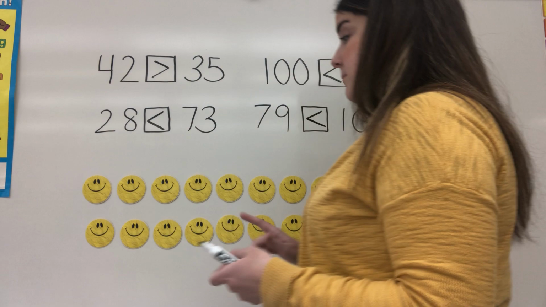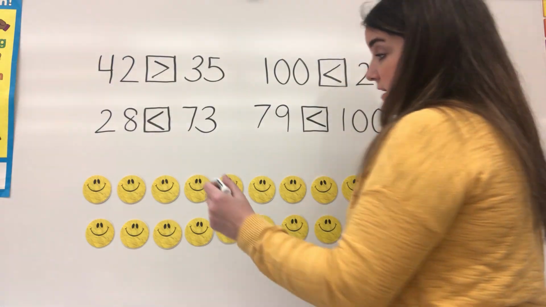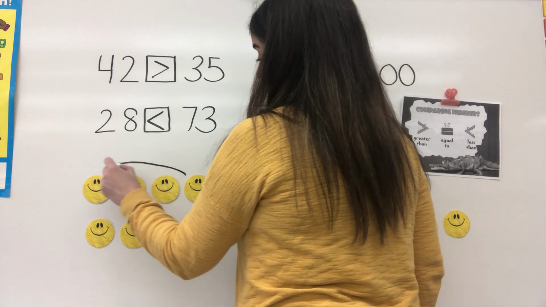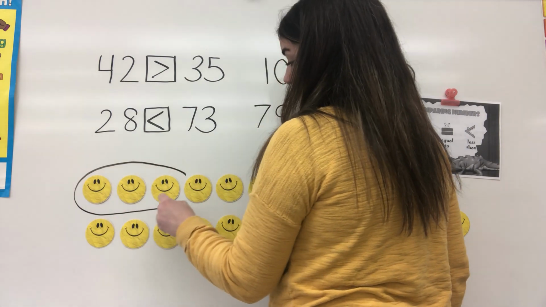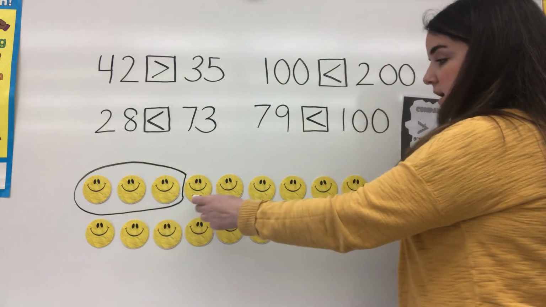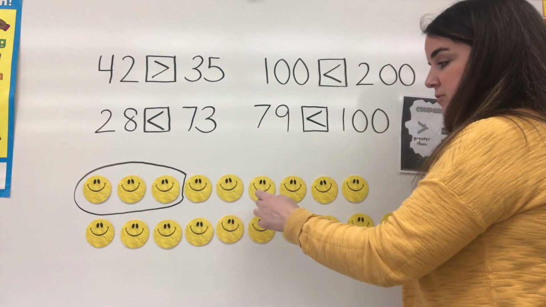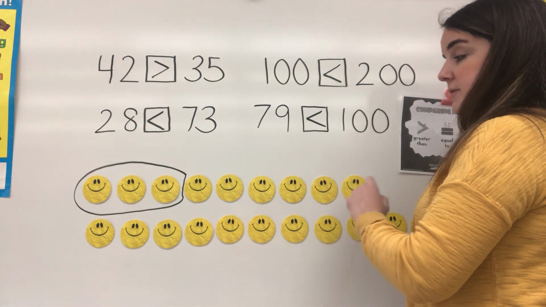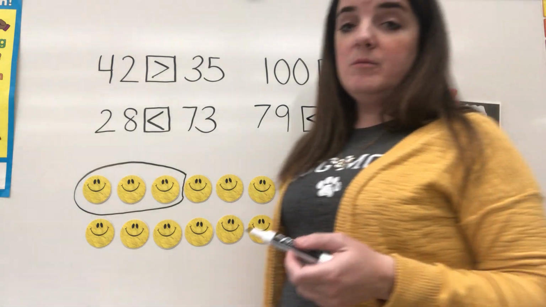So for this top row of 9 smiley faces, I'm going to divide them into groups of 3. So 3, and then there's 3 more here. 1, 2, 3, 3, 6, and then 3 more would be 9. So that would be groups of 3.